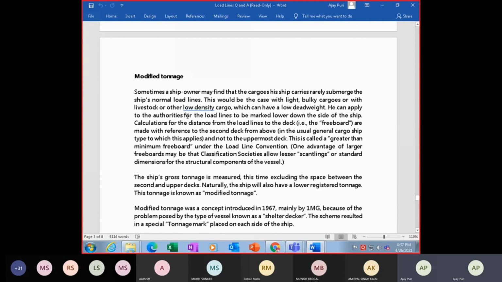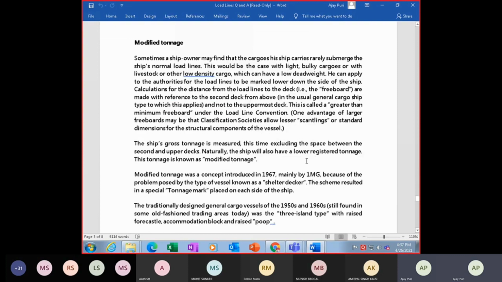So he can apply to the authorities with the load line to be marked lower than the side of the ship, and calculations from the distance from the load line to the deck freeboard are made with a reference to the second deck above, usually for general cargo vessels. So this is greater than the minimum freeboard under the load line convention. One advantage is you can have lesser scantlings or standard dimensions of structural components on the vessel.